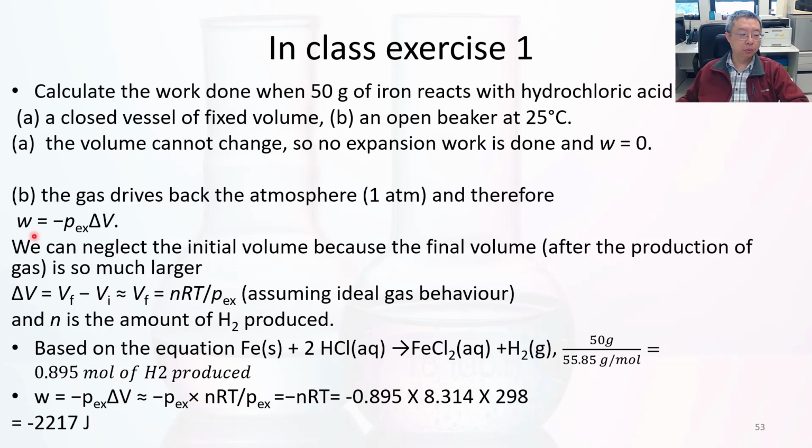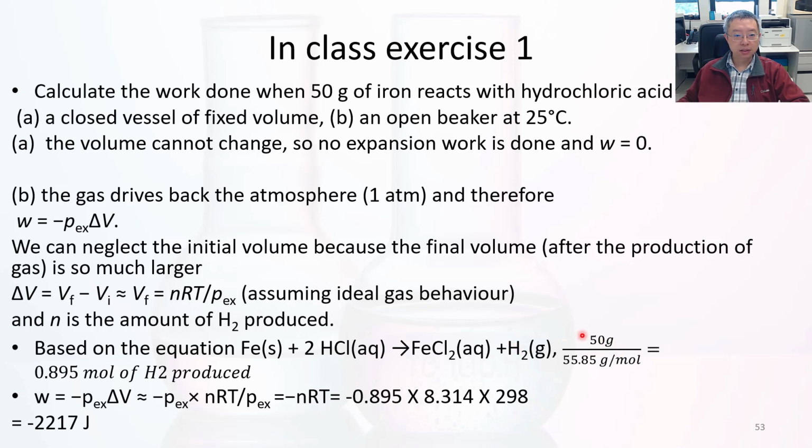So we have the work equal to minus P external delta V, and the delta V is how much gas was generated within this chemical reaction, because it's 50 grams of iron. So we know how much hydrogen was produced, because this is a chemical reaction: iron plus 2 hydrochloric acid gives iron(II) chloride and hydrogen.